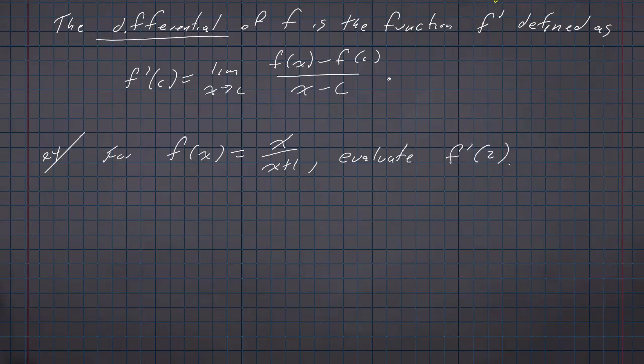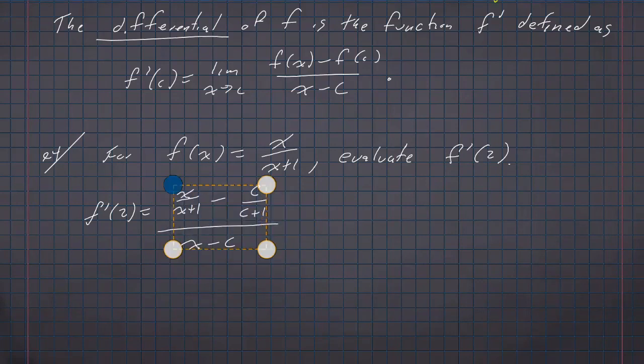So for example, if I have the function f of x given by x over x plus 1, I might try to evaluate the differential function f prime at 2. By definition, f prime of 2 is f of x, x over x plus 1, minus f of c, c over c plus 1, all over x minus c. And I left out a very important part of this.